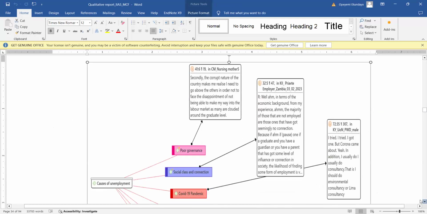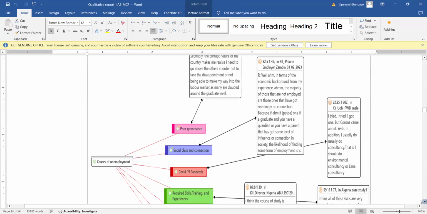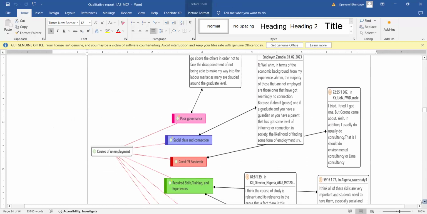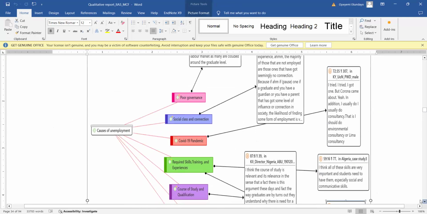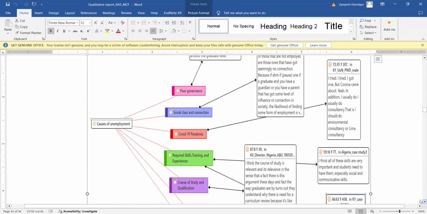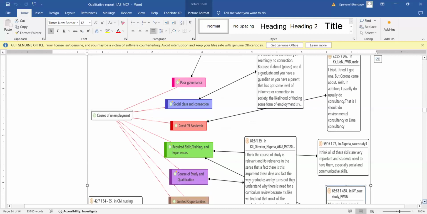All right. So causes of unemployment. Generally, what are the things that pop up as causes of unemployment throughout the transcript in this analysis? Poor governance is one. And under poor governance, you see the link, social class and connection. If you know somebody, you get.